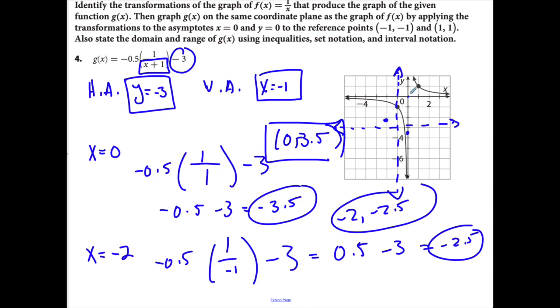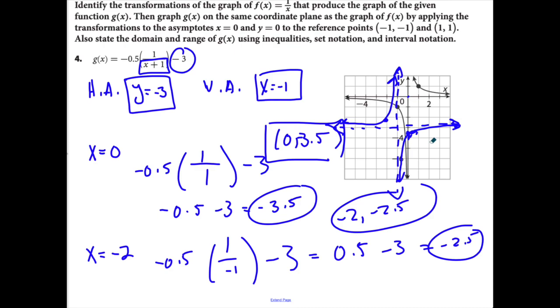Okay. So what I should see happening is something kind of like this. And we can see if we can describe what happens. I'm just going to sharpen that up a little bit. And you could try to graph this on your graphing calculator with a little bit more accuracy.